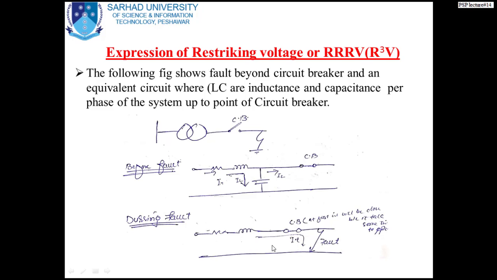Therefore, the only current which will flow is the fault current, and it will flow in the reactance and resistance of the transmission line. This figure explains what happens when the fault occurs, and how the circuit parameters behave.